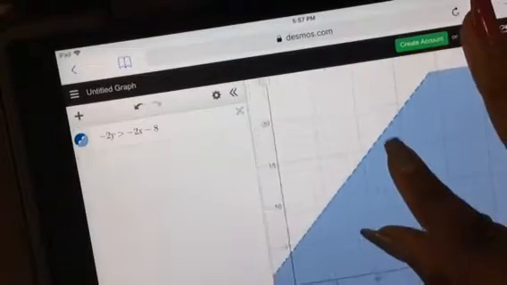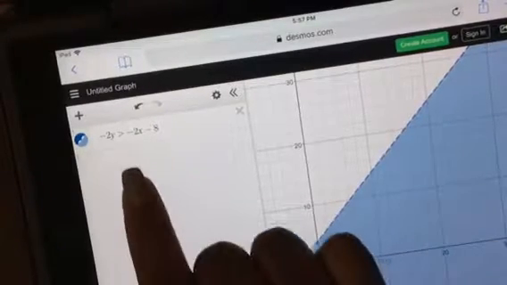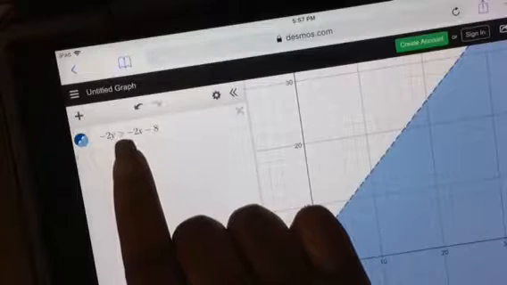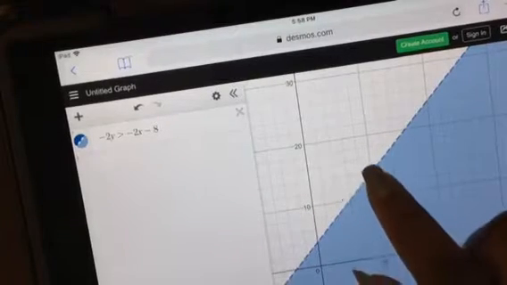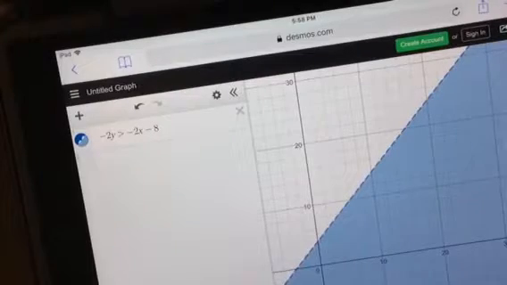This is a graph like y'all have seen this type of graph before. It's got a dotted line because of the inequality greater than, but it's shaded below the line. Interesting. It's shaded below the line. Okay, so let's read our problem.